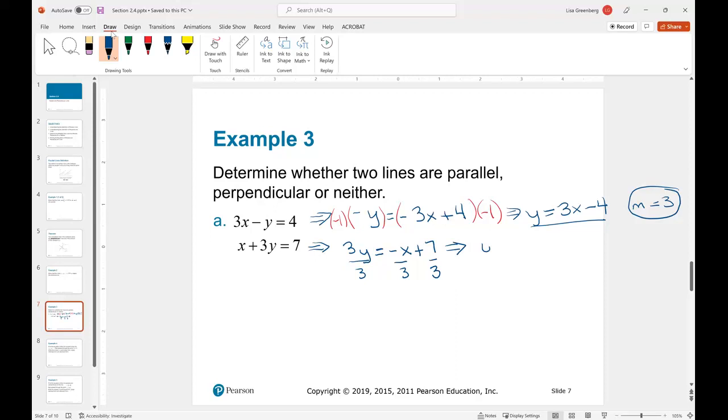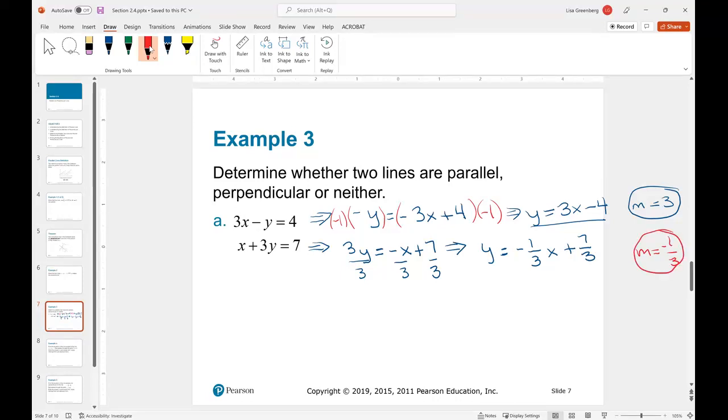So I get y is equal to, and -x/3 is really the same as -1/3 times x plus 7/3. So now I have my slope is equal to -1/3.